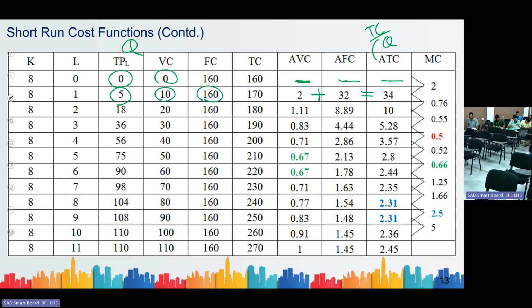So you can use this approach also. Rather than calculating ATC using this formula, you can just add AVC and AFC to get ATC. And then calculate MC and mention them in between two levels of production.